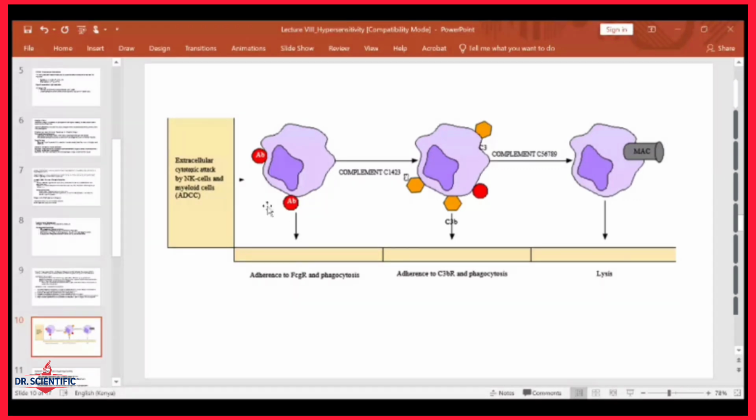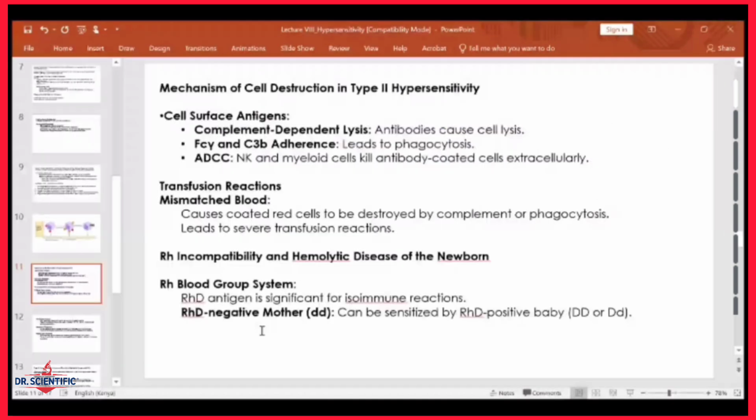Similarly, IgG coats the cells, and once they are coated with IgG, polymorphs, that is neutrophils, macrophages, monocytes, and natural killer cells either phagocytose this cell or lead it to lysis. There are a number of things that can happen during this type 2 hypersensitivity.